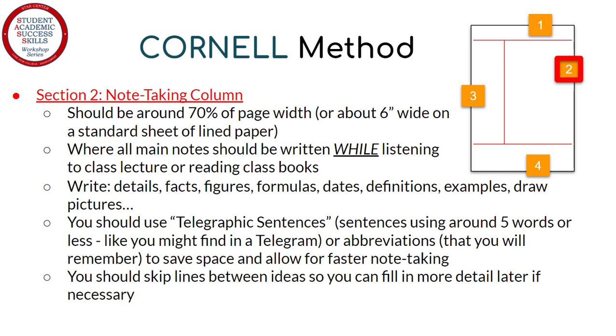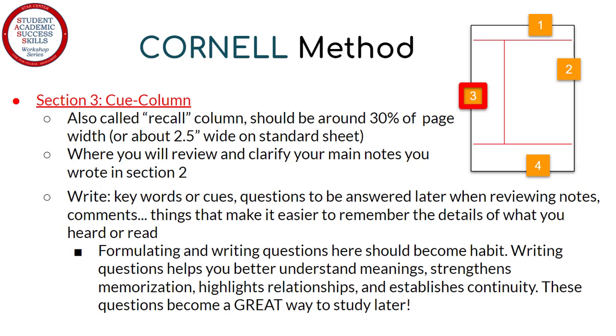Once your class is over or your lecture is over, or even you're done reading your textbook, and you've already written out all the information you found important in Section 2 of the Cornell Method, you now come to Section 3, what we call the Q column or the recall column.